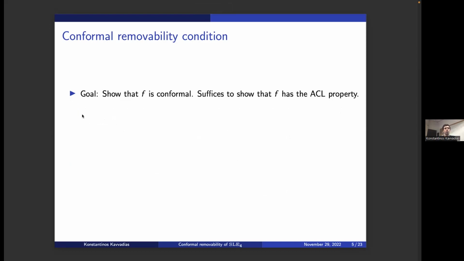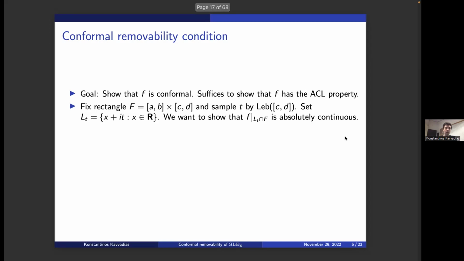So here, the goal is to show that F is conformal under those conditions. So it suffices to show that F has the ACL property. This means that it is absolutely continuous on lines. What I mean by that is that if we fix any rectangle R in the complex plane and we sample t according to the Lebesgue measure on the interval between c and d, and we consider for such t the line with imaginary part equal to t, this line cuts the rectangle R horizontally.